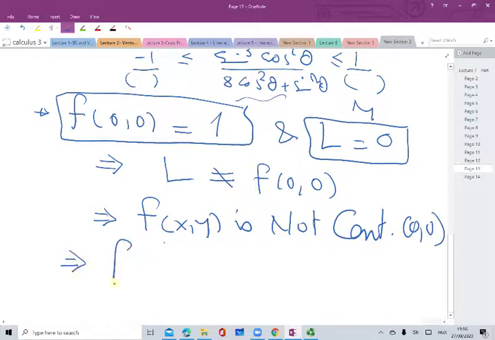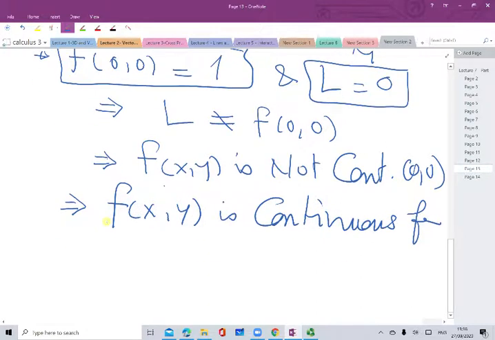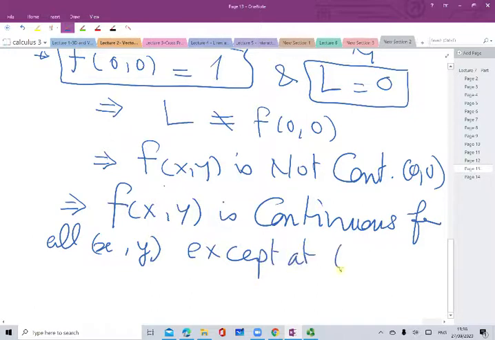In other words, the function is continuous everywhere for all x and y in the xy plane except at 0, 0.